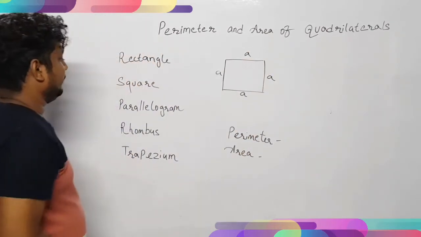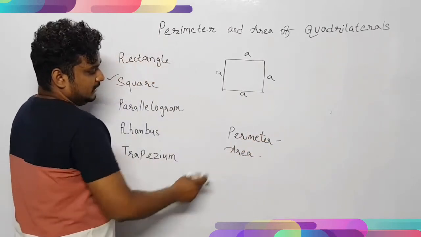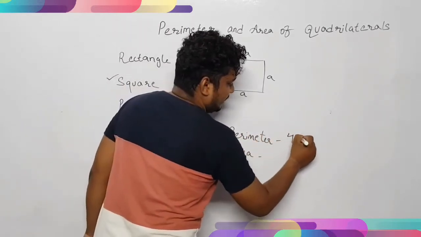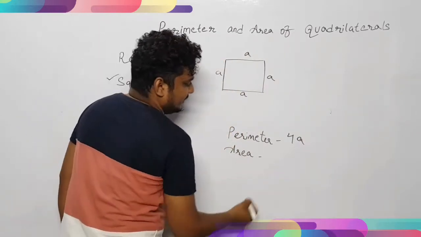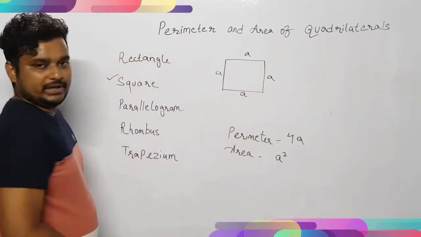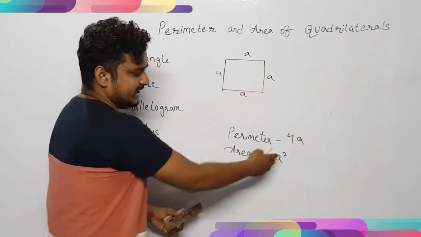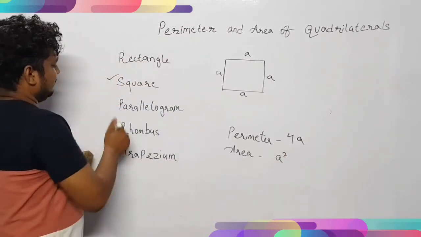The perimeter of the square will be 4a, meaning a plus a plus a plus a, and the area will be a square, a into a, or you can say side into side, or side square. Clear with this? Now we are coming to the parallelogram.